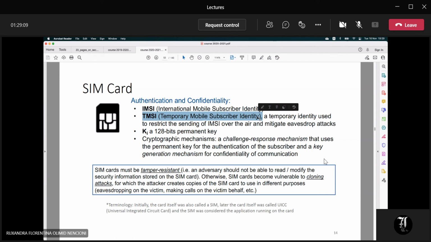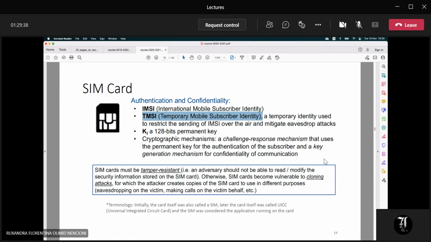So I basically want to use this one instead of using the same ID all the time. So what I'm doing, I'm basically refreshing the ID from time to time. I'm getting these temporary IDs that me as a subscriber and the network as my home network will know correspond to this permanent ID, the IMSI. And I will use this one so that I change it quite often.